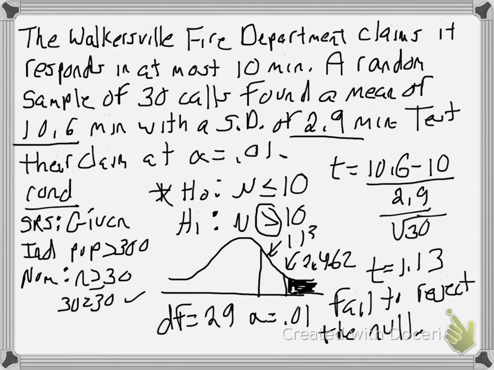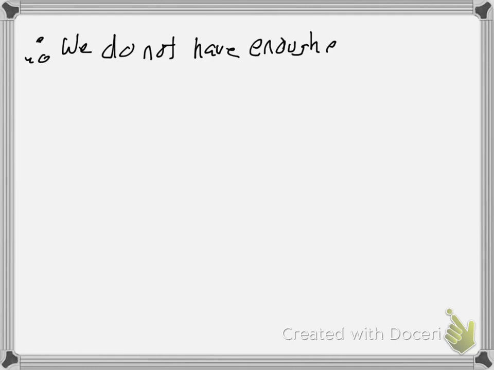Okay, not done yet. We still have to write our conclusion. Again, it is so formulaic, guys. We failed to reject. Therefore, if we fail to reject the null, that means we didn't have enough evidence to reject it, so we do not have enough evidence at alpha equals 0.01.